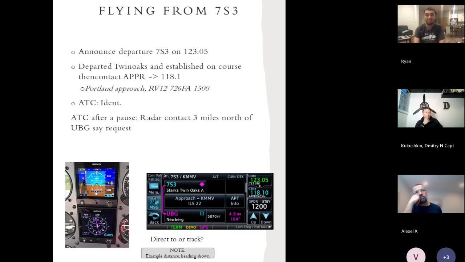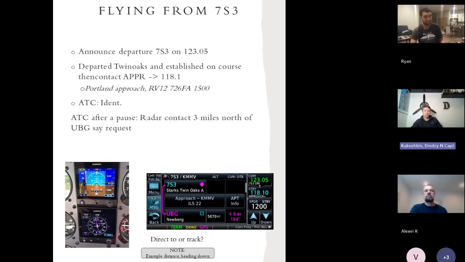And what I found out was it's okay to say, hey, you're really hard to hear, can we switch to 126.0? I haven't tried that yet, but someone advised me that we could do that. Yeah, it just depends on how many people they have in the tower, but that's good advice. If you're struggling to hear them, just tell them, they may have an alternate frequency for you.